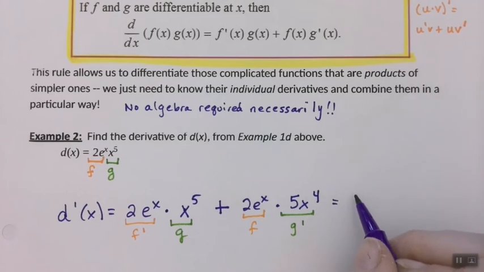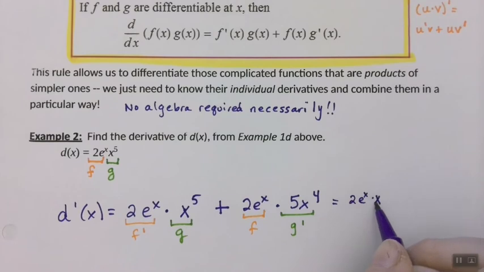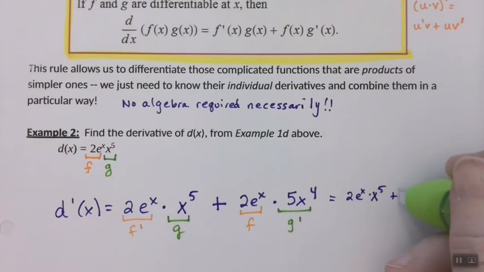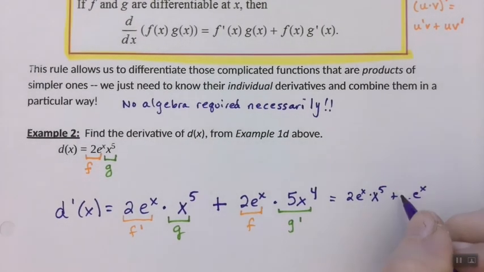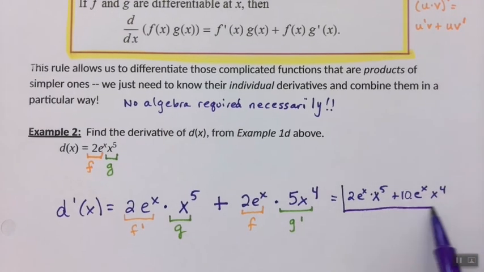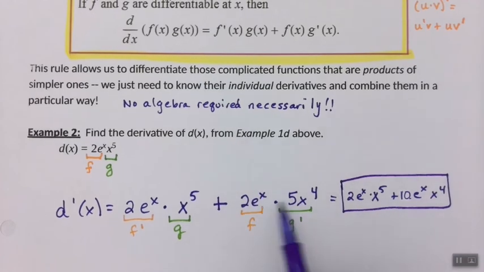So it would be 2e to the x times x to the 5th plus 2e to the x, oh, actually 10. Sorry, that we could do, because 2 times 5 is 10. So that would make 10e to the x times x to the 4th. Right? All I did there was multiply 2 times 5 to get me 10.